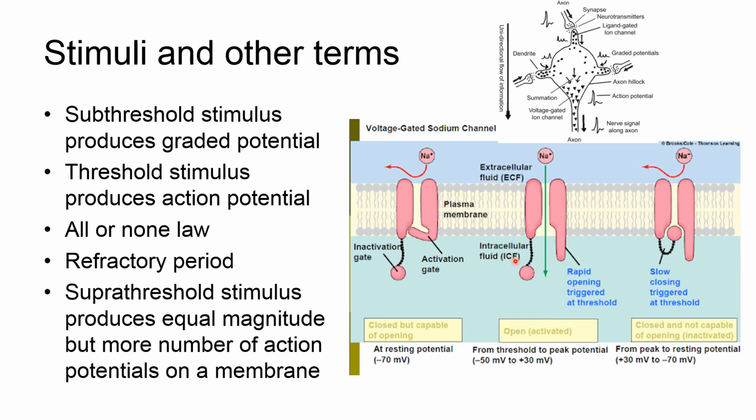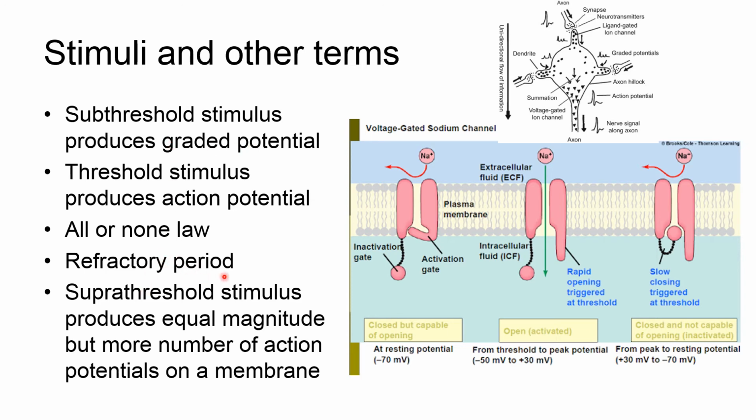If it is produced, then it will be of the same magnitude, whether the stimulus is of threshold level or suprathreshold level. And in case of a subthreshold level of stimulus, an action potential will not be produced. That is called a graded potential. It is not an action potential. So it will diffuse out if it is a subthreshold level of stimulus.